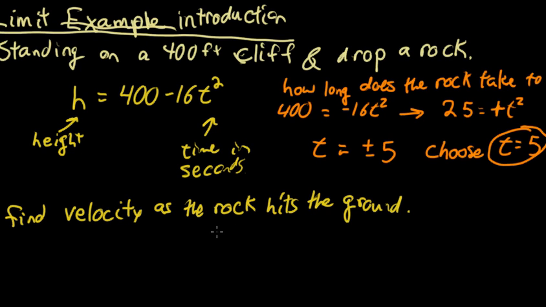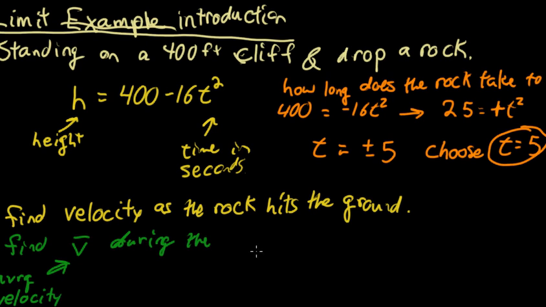So we want to find the velocity as the rock hits the ground. But first, something else we can find: the average velocity, which is v with a bar over it, during the last second of the fall.